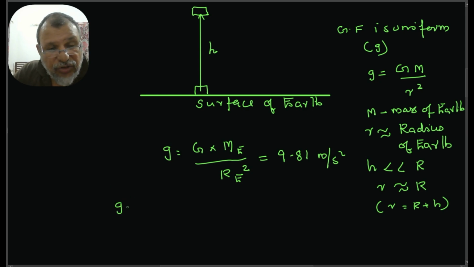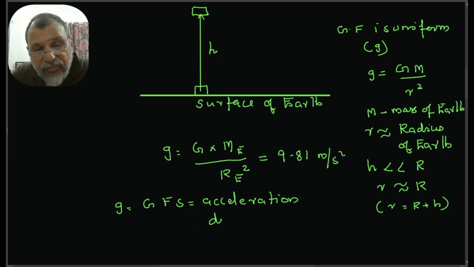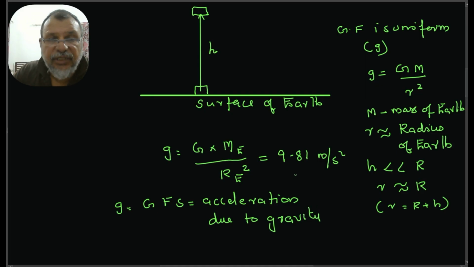So you can see that g is equal to gravitational field strength, that is exactly the same as acceleration due to gravity. So that's how we get it as 9.81.